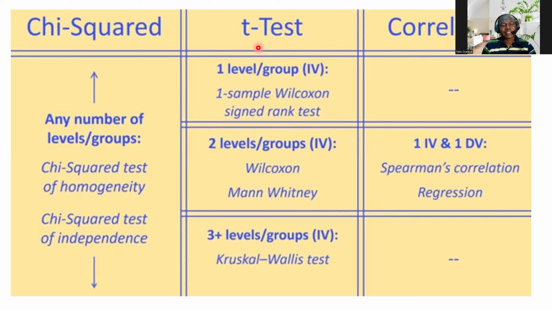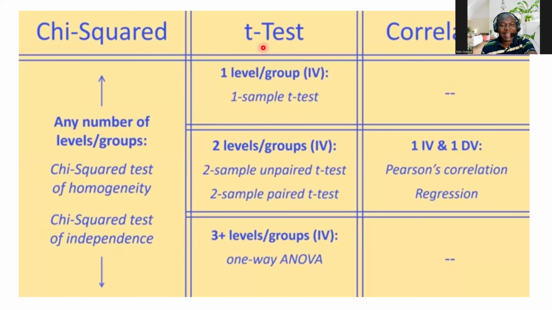Now, when it is normally distributed, usually we say you use parametric tests because it follows natural parameters. But what happens in a situation whereby your data set is not normally distributed? There are non-parametric alternatives to such situations. And that is where you have the non-parametric alternatives, which are indicated here on the screen.